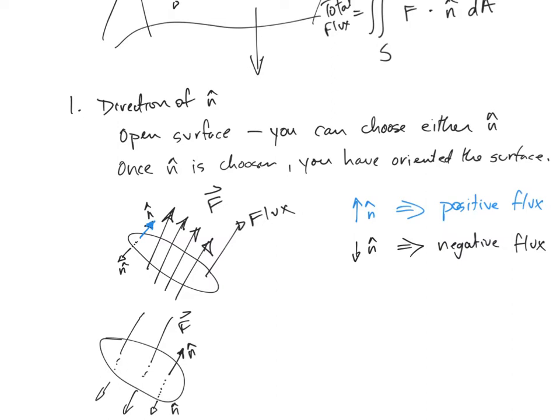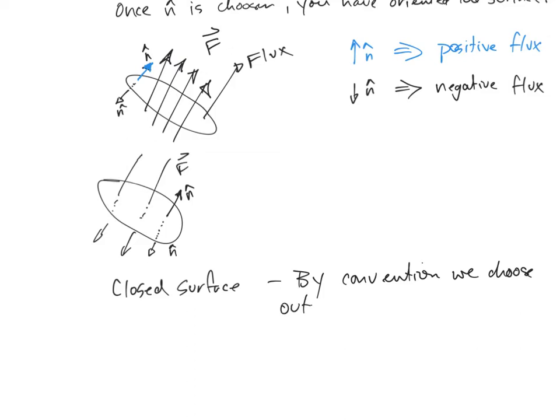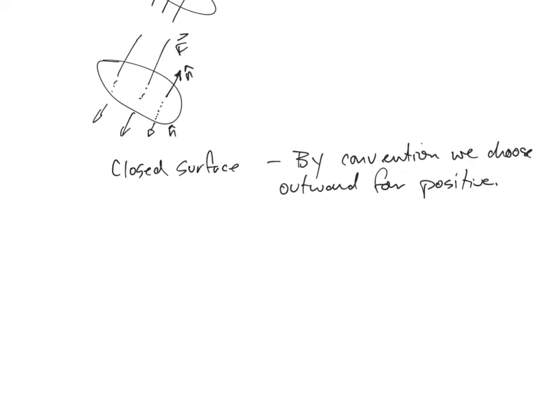You have a choice. For open surfaces, you've got a choice. Actually, for closed surfaces, you do too. But conventionally, for a closed surface, by convention, we choose out for positive. Which means we always choose the n hat that goes out, okay? So for instance, if we're dealing with a sphere, that's our surface of integration.